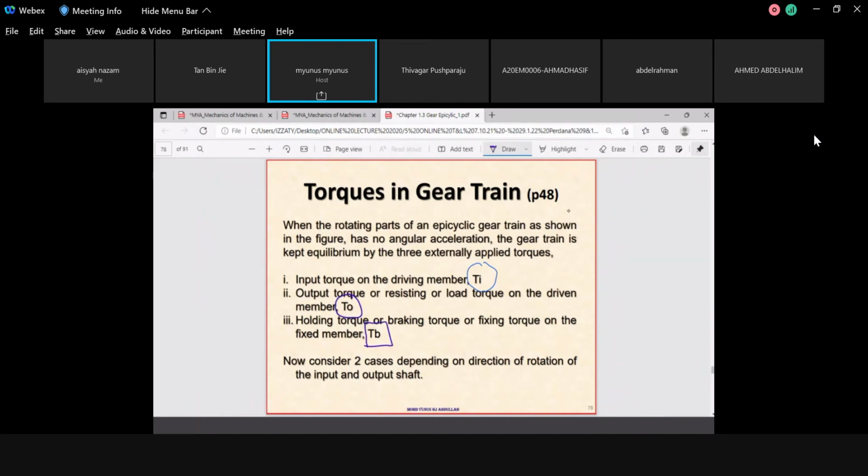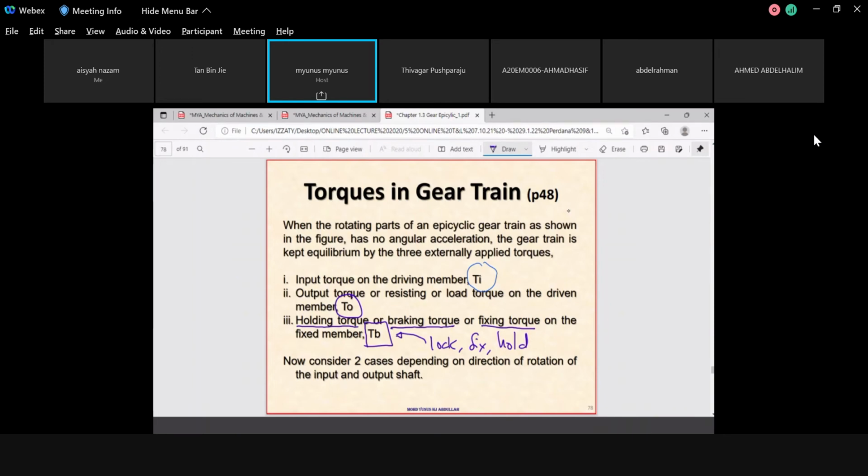Some would call it braking torque, some would call it fixing torque, some would call it holding torque. It doesn't matter, as long as any part has been locked. Remember this: lock, fix, hold. So this is the torque that you need to give to the system to hold the gear, or to fix the gear, or to lock the gear.